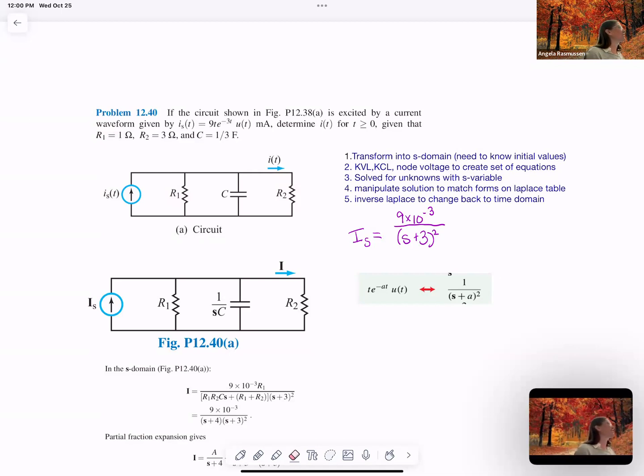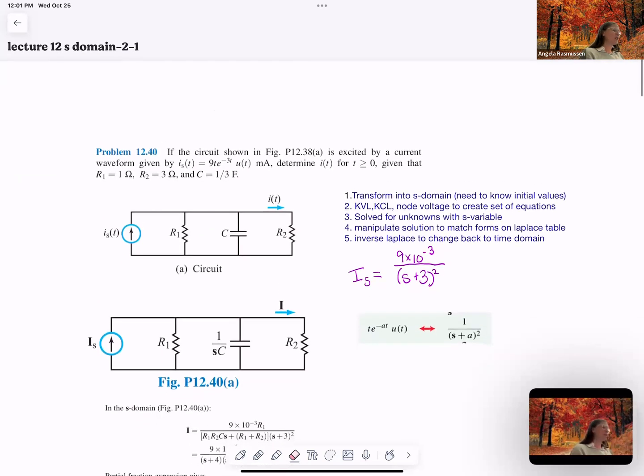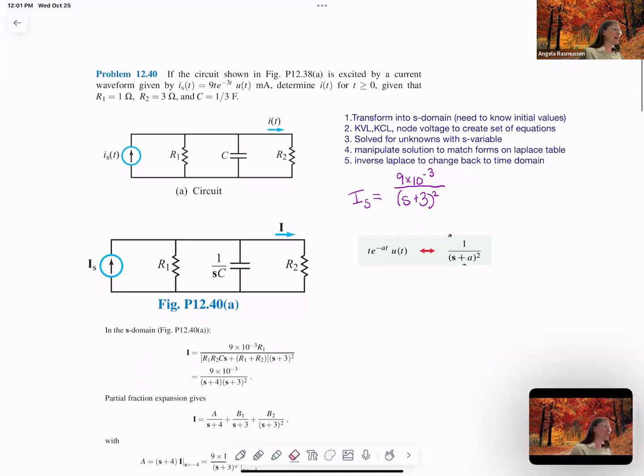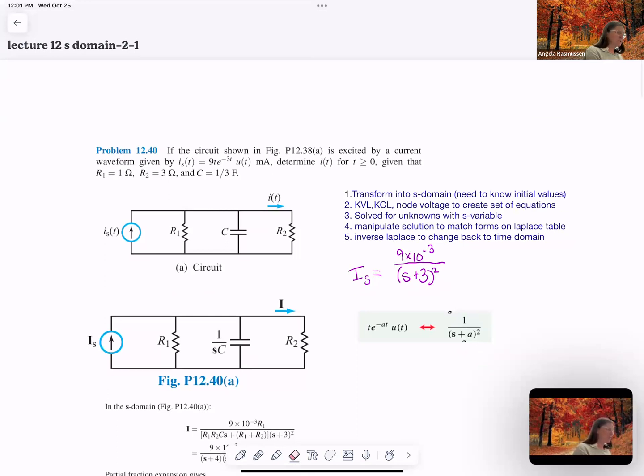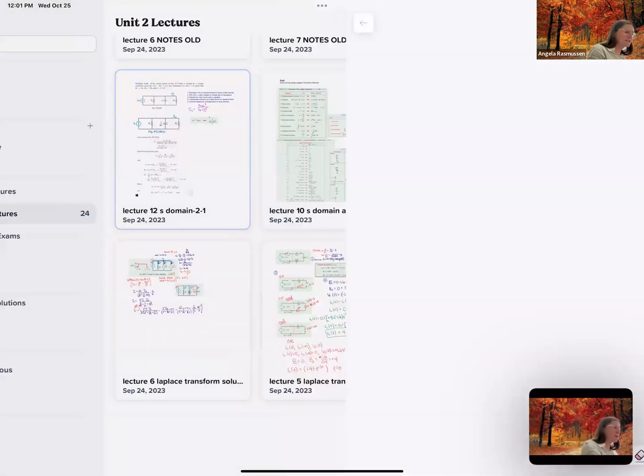Okay, yes. Isn't the problem with the AC input source more complicated? Have you done that? Yeah. So Andrew is asking me about that. Yes, we have, and you just didn't know that that was what it was. A more complicated input source is one that is just not 5 amps or 5 volts. So anything like a cosine, you could have, let me go back to some of these.